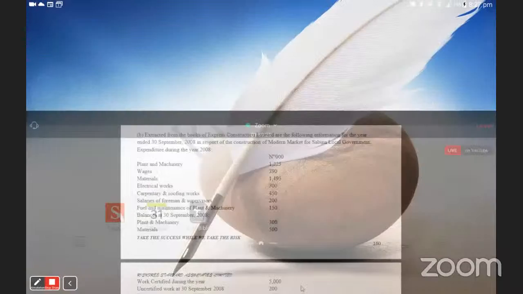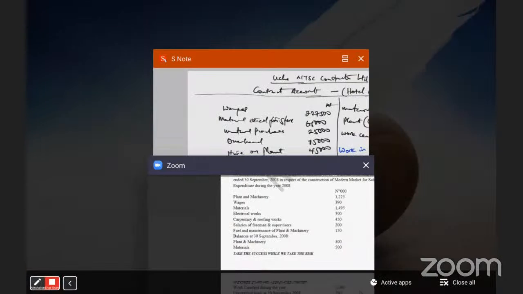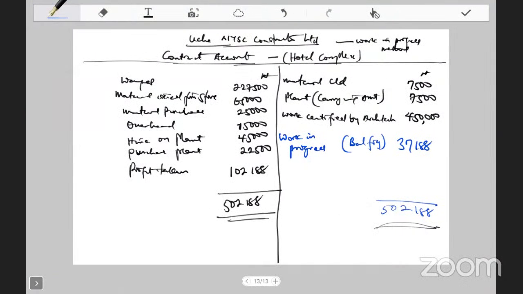Is the contract account we did now the same thing as the columnar contract account? The columnar contract account that you have in question number 2 is a situation whereby you are having two of the methods side by side.